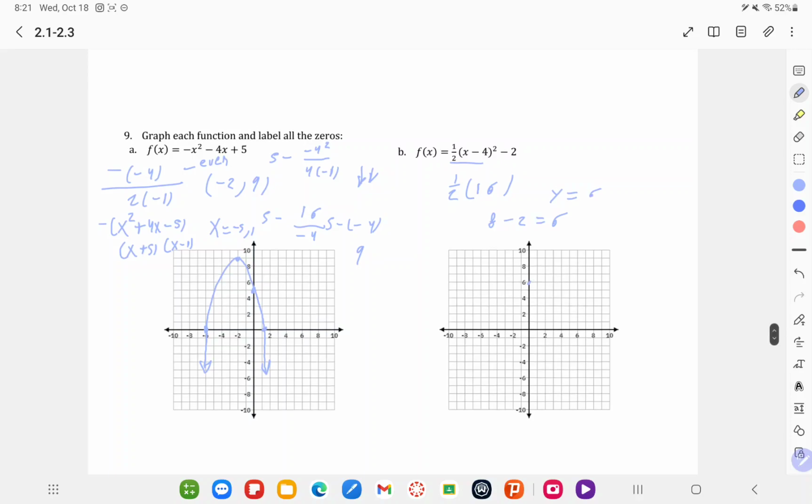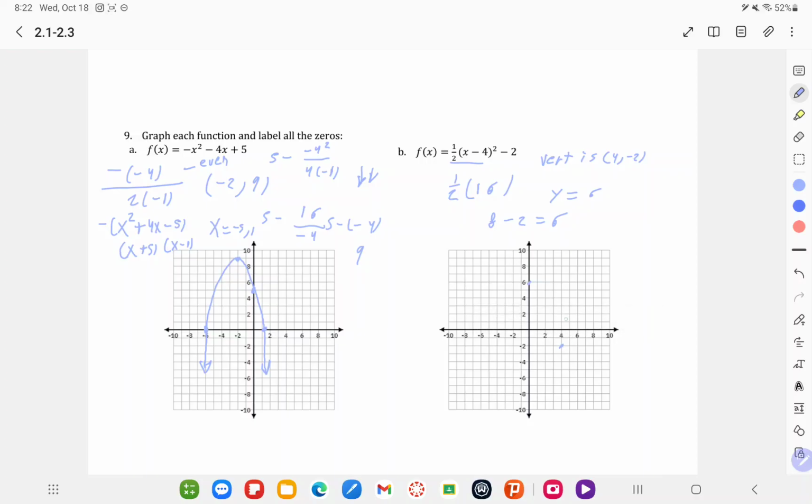Alright, now we have our x-intercepts, which is, actually we don't have our x-intercepts. We have our vertex. Our vertex is 4 and -2. Let's graph that right now. 4 and -2.